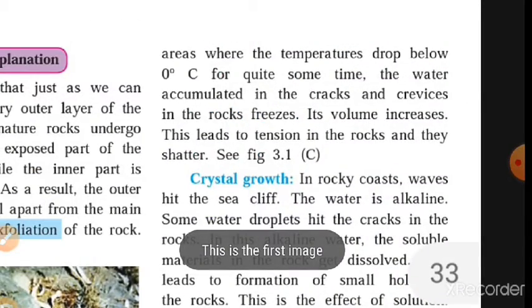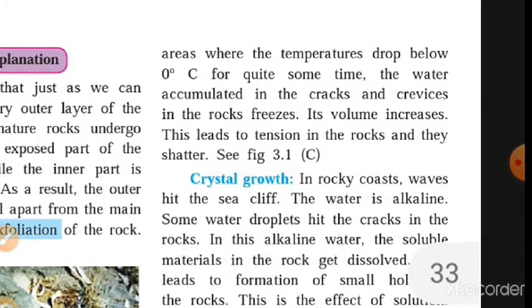Especially, as we are all aware, when the temperature falls below 0 degrees Celsius, the water that is accumulated in the crevices and cracks of the rocks freezes, and the frozen water is greater in volume than the liquid form of the water, which leads to tension.